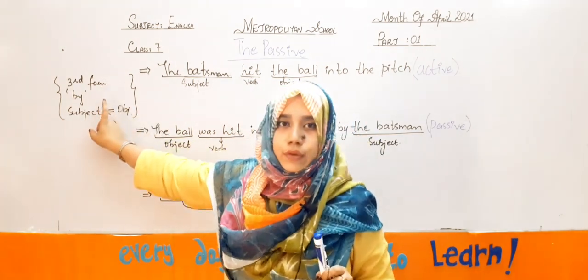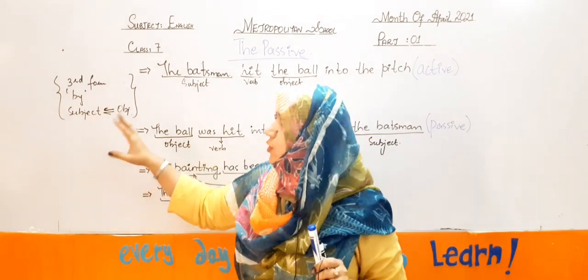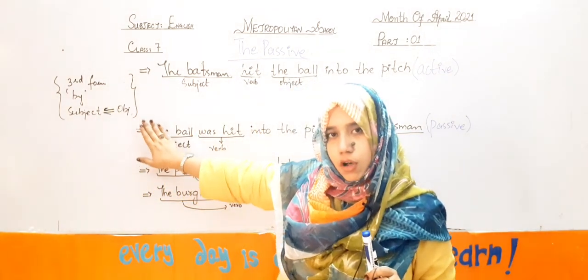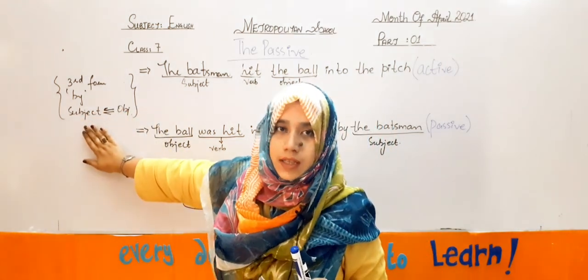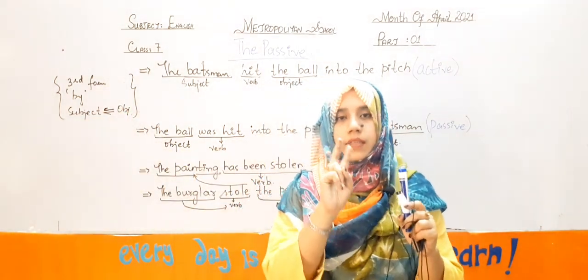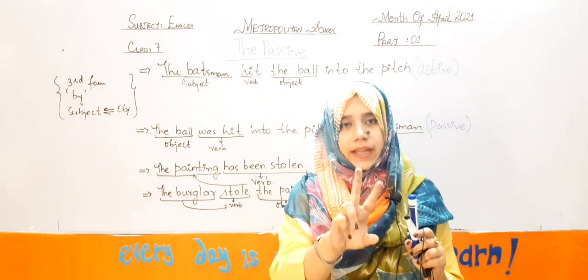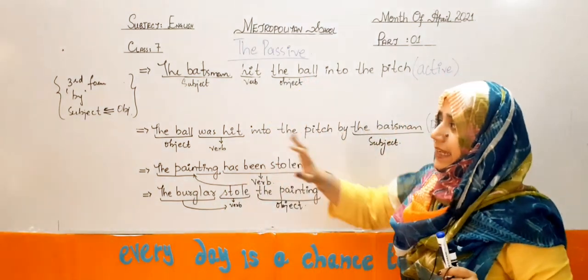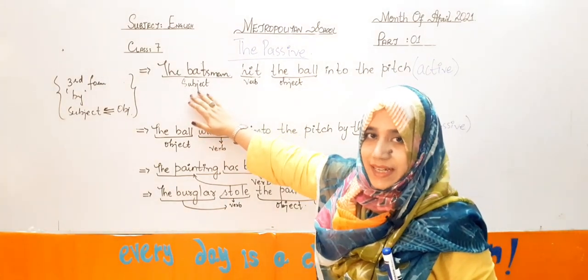You will have to use the preposition by, and one more important thing, that the subject can take the place of the object and the object can take the place of the subject. So my dear students, these are the three basic rules while we are changing sentences.